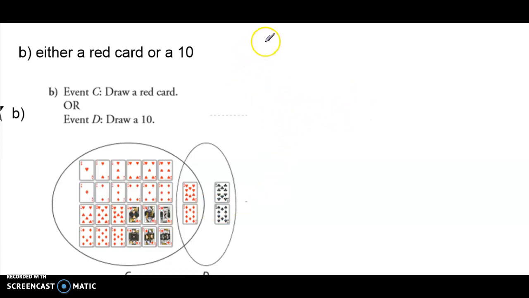To count the number of possibilities in this question, we find that the number of red cards, or the union with being a 10 card, is the number of red cards plus the number of 10s.